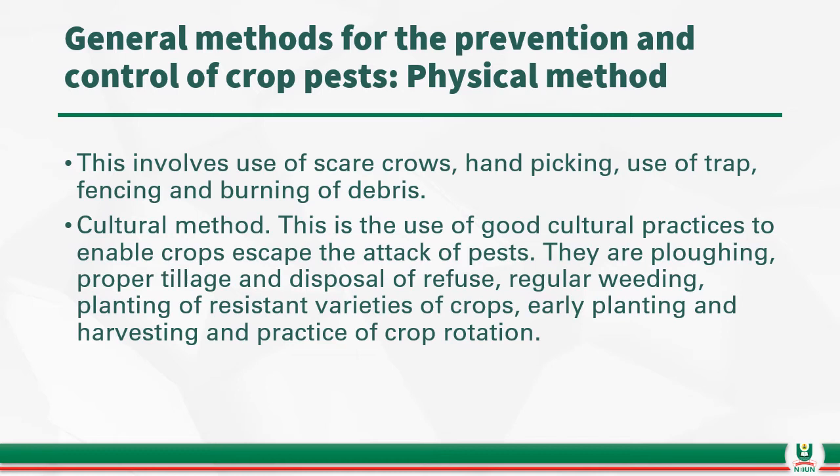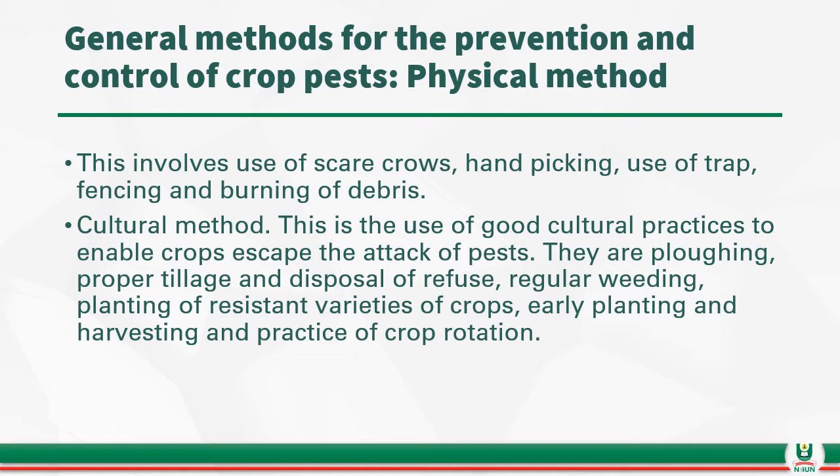And regular weeding. You don't just weed when you see that everywhere is full and there's nowhere to put your leg. By then the pests must have destroyed the crops totally. When you see new grass coming up, you weed. You can pull out the weeds by yourself. Planting of resistant varieties is also important.